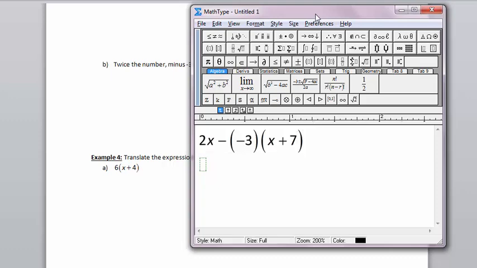Alright, so a couple of things we can do to simplify. First of all, minus a negative is going to make that positive. So we can say 2x plus 3 times the sum of a number and 7. Now we can do our distribute. So our distribute is going to give us 2x plus 3x plus 3 times 7 is 21. And finally, add our like terms, we'll have 5x plus 21.